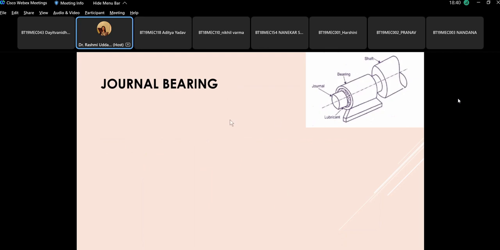What do you mean by journal? Looking at this image, can you tell me what the journal is from the bearing perspective? Ayush, Rajwal, shaft. Yes, it is the shaft, or rather the projected part of the shaft which goes inside the bearing.